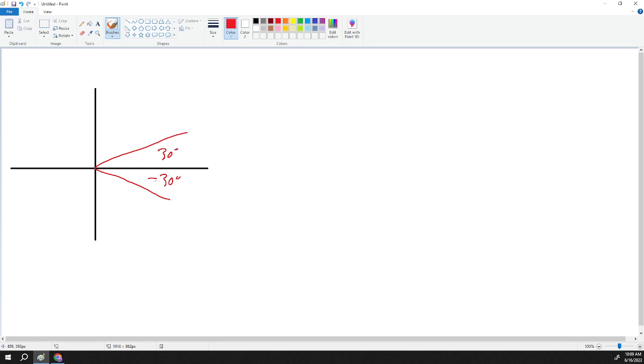Kasi ang sagot ng negative 30 would have been around here, which would be 330 degrees, right? So that's a bit tricky. We can't use if else.